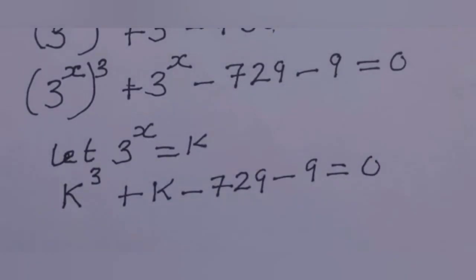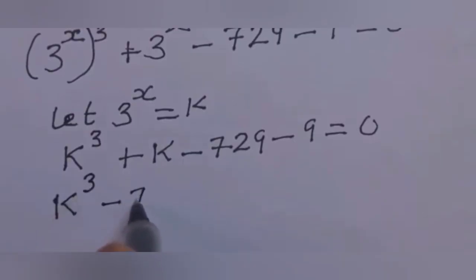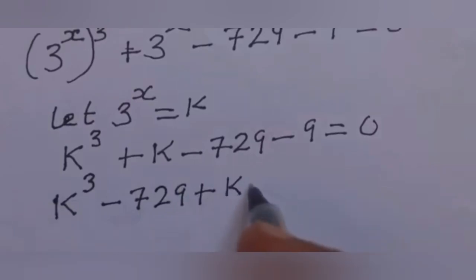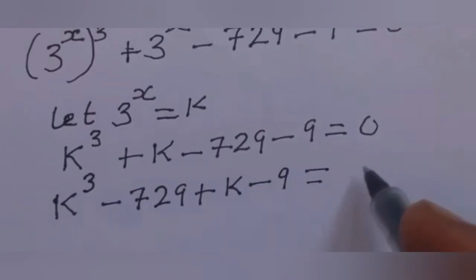So this one can be rearranged as follows. We can write k raised to power 3 minus 729 plus k minus 9. This is equals to 0.